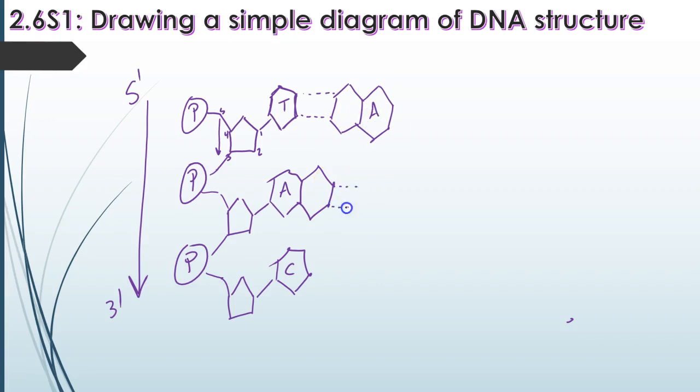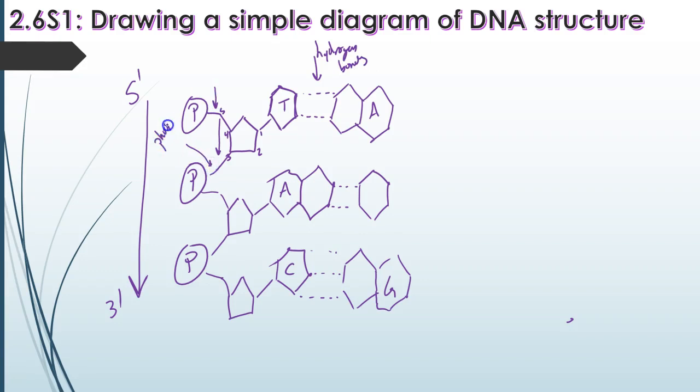A is going to bond twice to T, and C is going to bond 3 times to G. Okay, so here's our hydrogen bonds. These bonds right here are the phosphodiester bonds. They're the bonds that hold our backbone together.